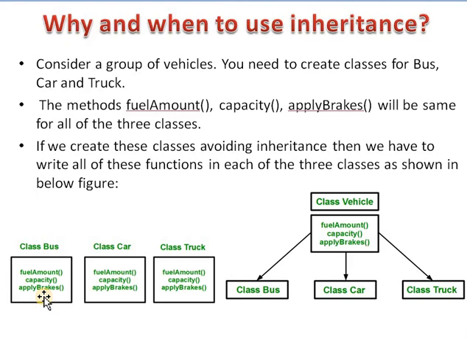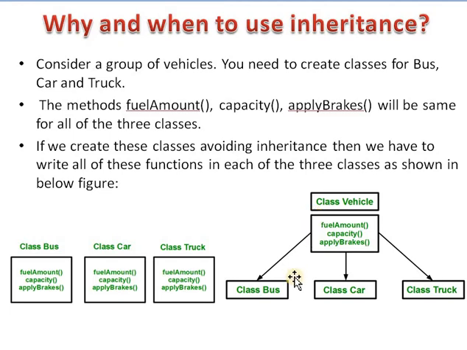So to avoid this type of situation, inheritance is used. Suppose we create a class vehicle and write these three functions in it, and inherit the rest of the classes from the vehicle class. Then we can simply avoid the duplication of data and increase the reusability.